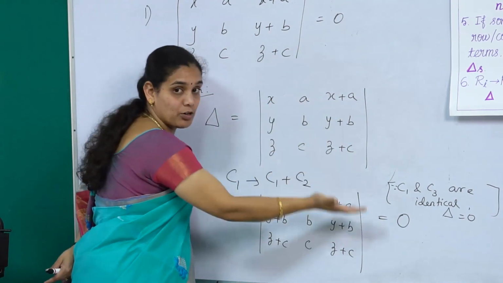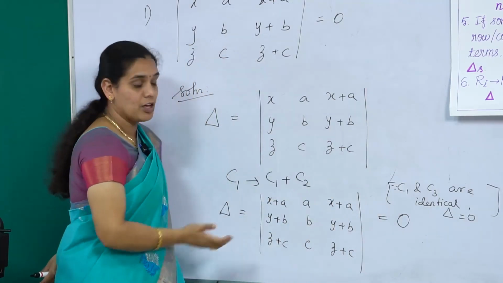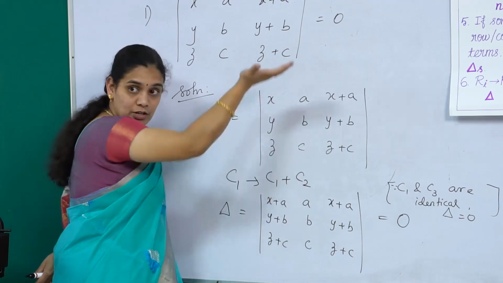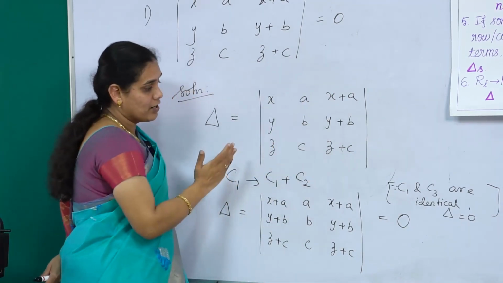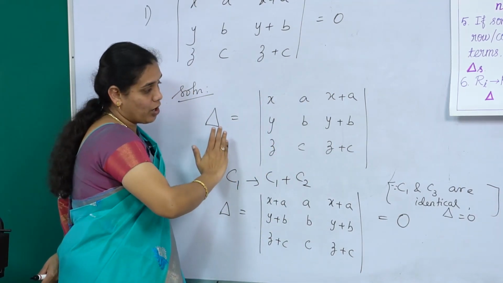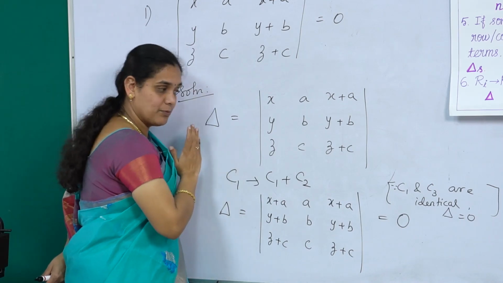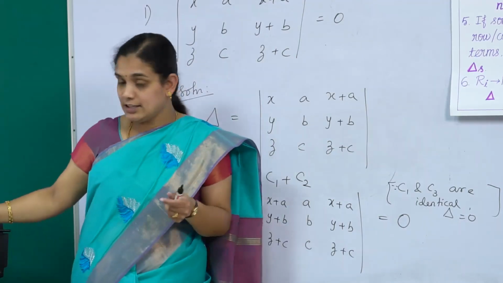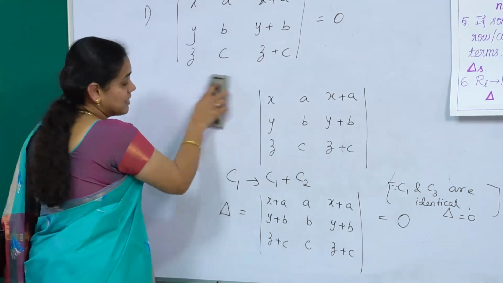So, we do the element operations like this. So, you have to be very careful. When you are doing the row operation, you have to move top to bottom, up and down, and when you are doing the column operation, we move from left to right. These are easy things, easy tricks.